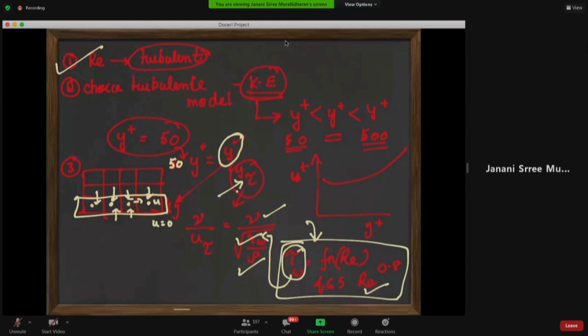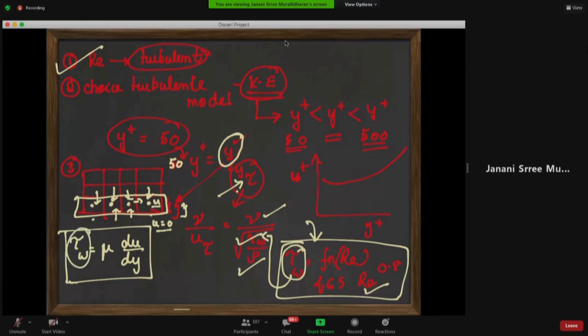Because I know wall shear is equal to mu du by dy. There is going to be a turbulent component to this, but I'm not getting into that. So if I can calculate du by dy, I know delta y, I know delta u, that center velocity. So for every cell, I will have a localized tau wall, correct?